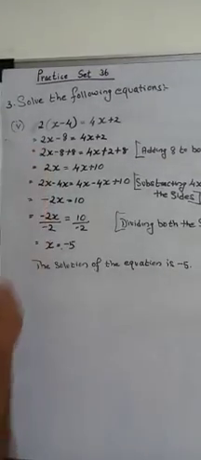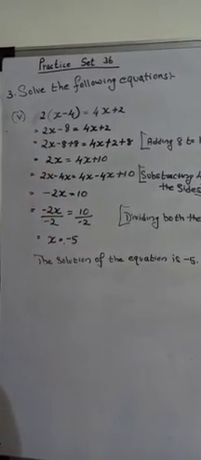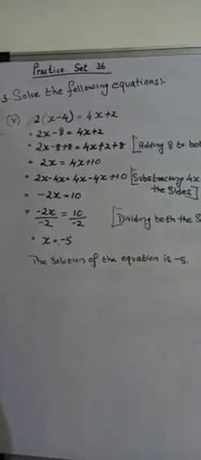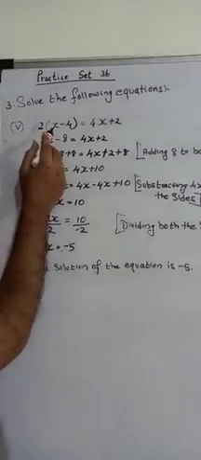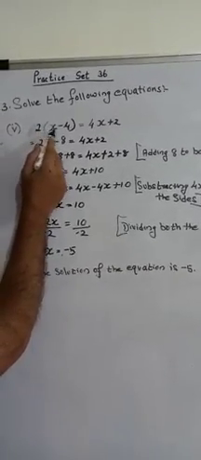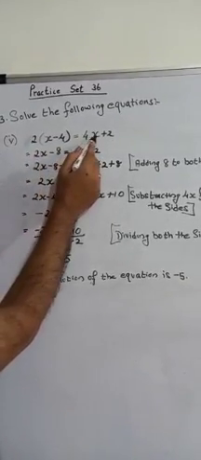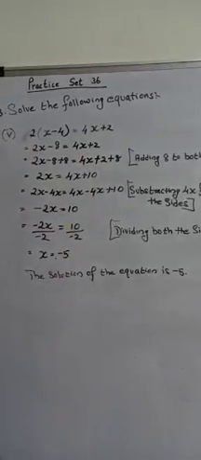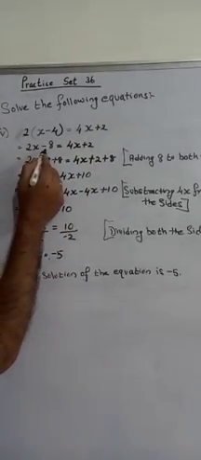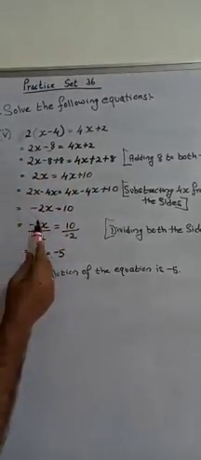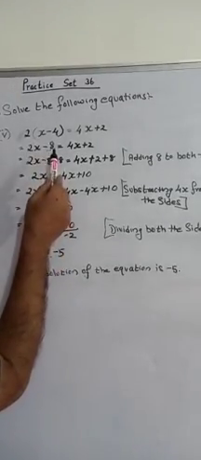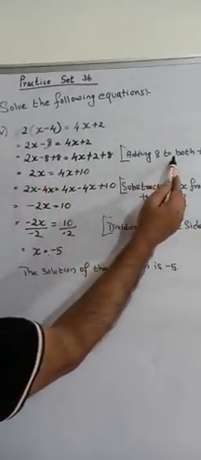Now we'll solve the fifth sum, that is 2 in bracket x minus 4 is equal to 4x plus 2. First we'll open this bracket and expand it. So it is 2 into x, 2x, minus 2 into 4, 8, is equal to 4x plus 2. Now first we'll remove this minus 8. So we'll use the opposite sign, that is plus 8, adding 8 to both the sides.